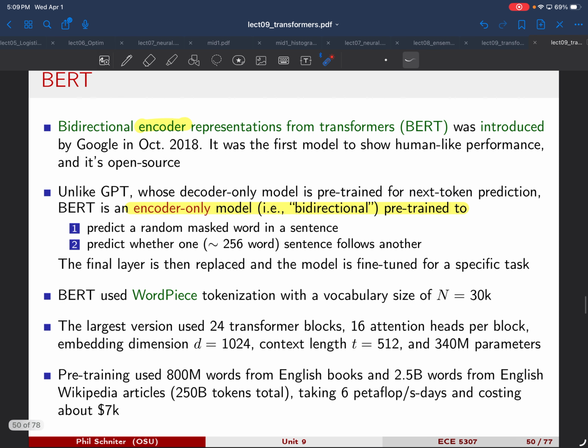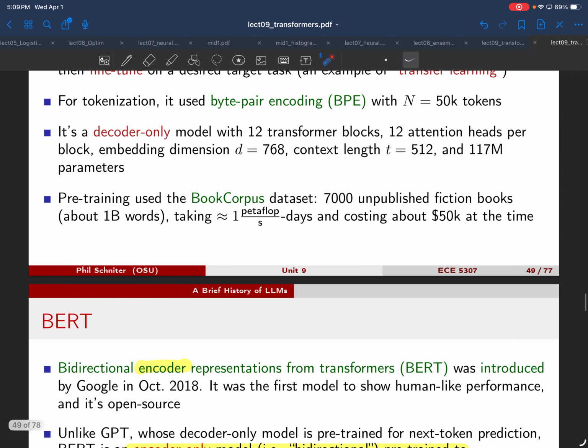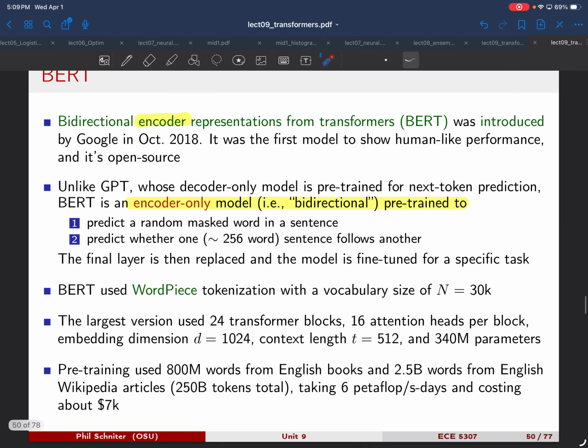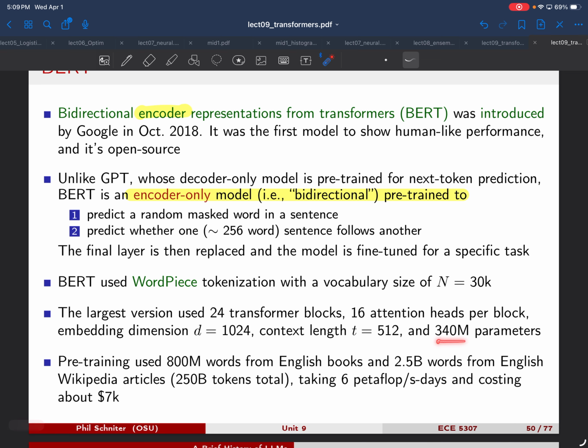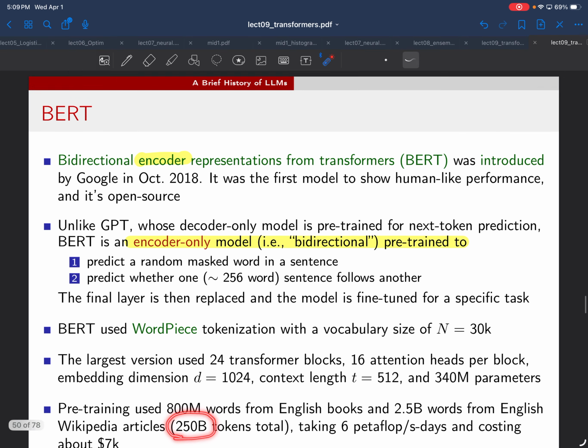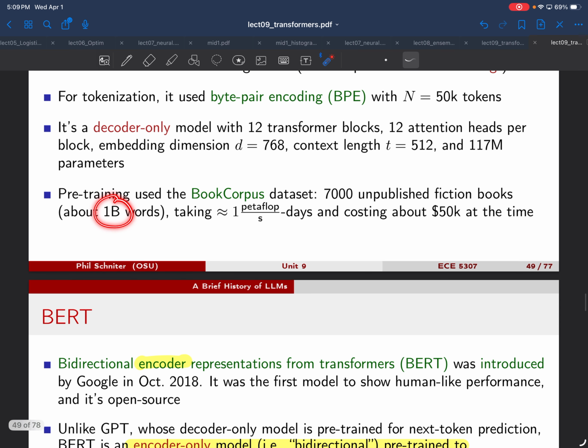They used WordPiece tokenization, similar vocabulary size, a little bit smaller, similar overall size. Let's see: 24 transformer blocks, 16 attention heads, 1024 embedding dimension, 512 context, 340 million parameters. So about two or three times bigger. But here's the difference: 250 billion tokens versus 1 billion tokens.